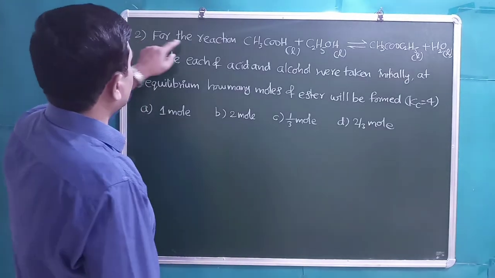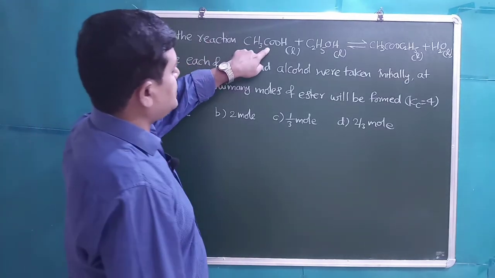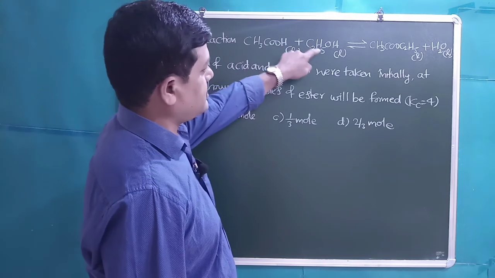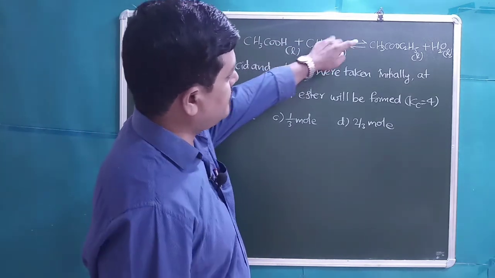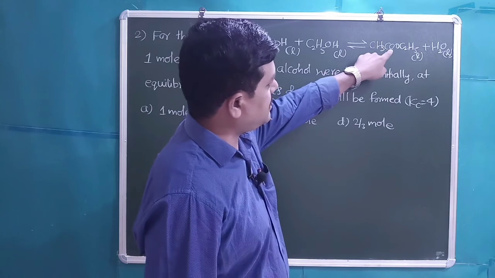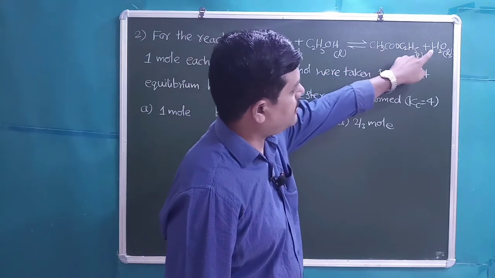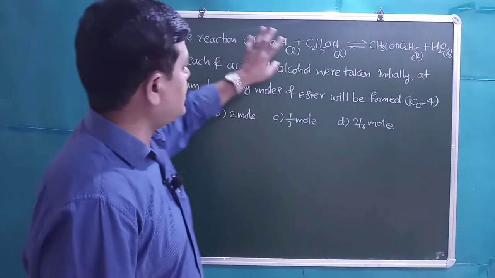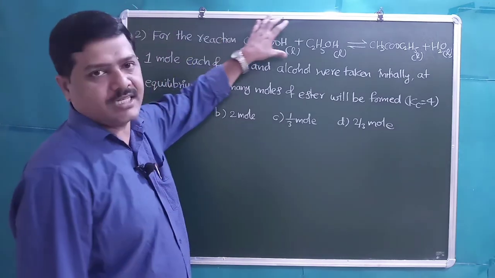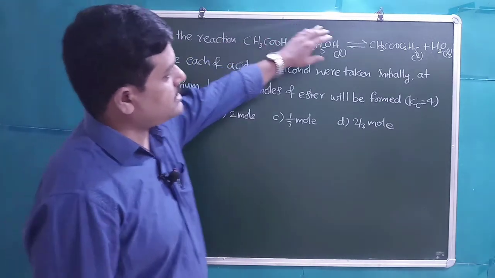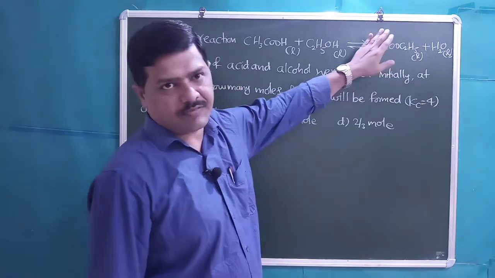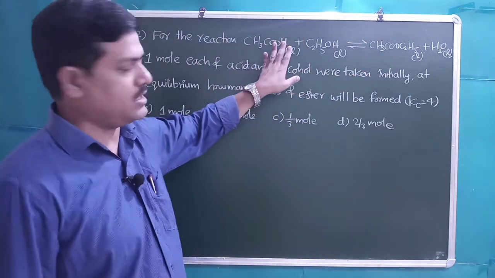Next question. For the reaction CH3COOH liquid plus C2H5OH liquid, in equilibrium with CH3COOC2H5 liquid plus H2O liquid. This is called the esterification reaction. The reverse reaction is called hydrolysis of ester, which is a reversible reaction.